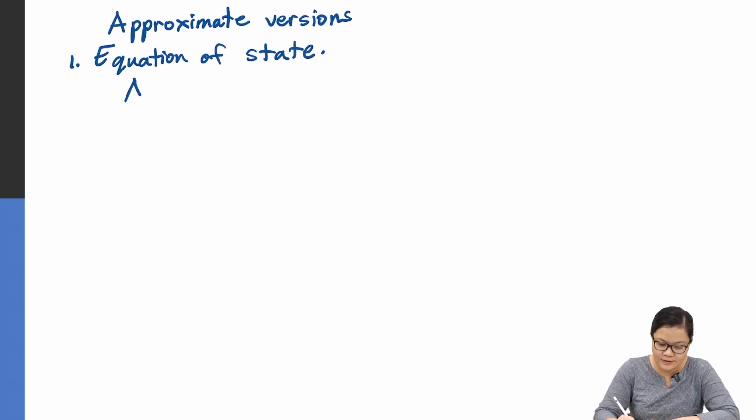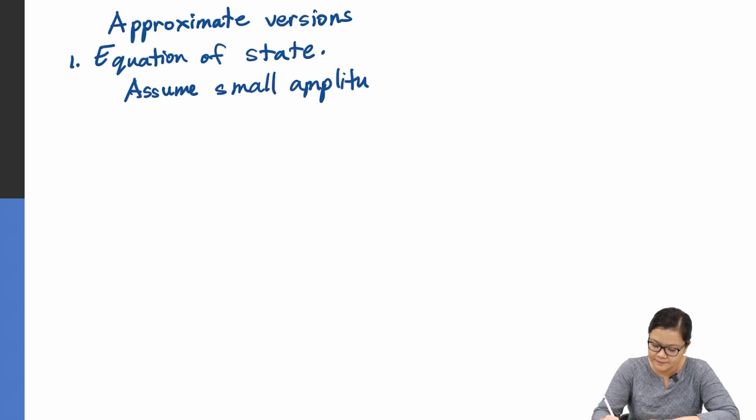If we assume small amplitude variations in the medium, and this is after linearizing the exact description, then the equation of state becomes the acoustic pressure equals the bulk modulus times the condensation term here. So P equals Bs.